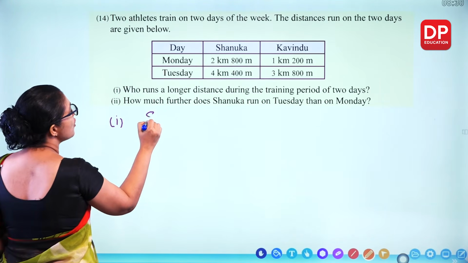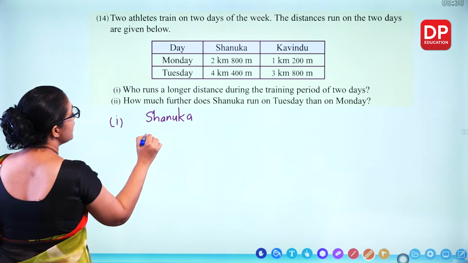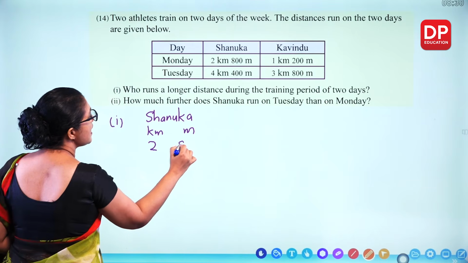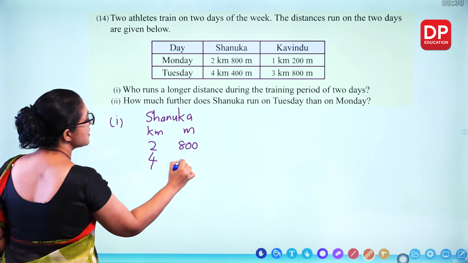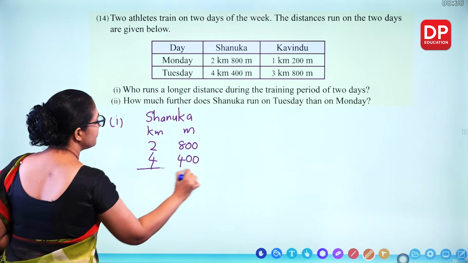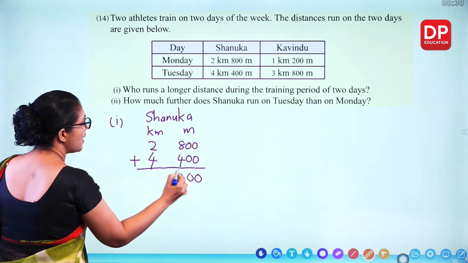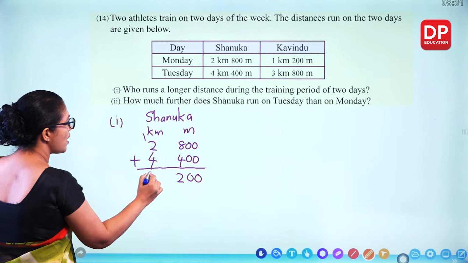We'll take Shanuka first. Kilometers, meters. 2 kilometers and 800, and 4 kilometers and 400. When you add it, 8 plus 4, 12. 1 you can take it here. 4 plus 2, 6 plus 1, 7.